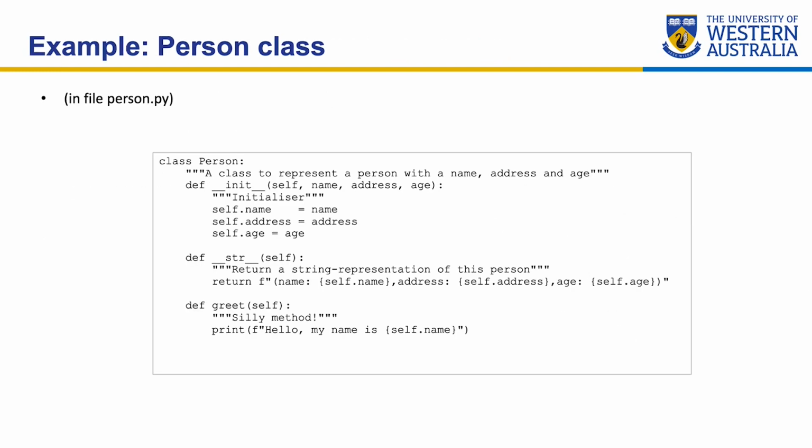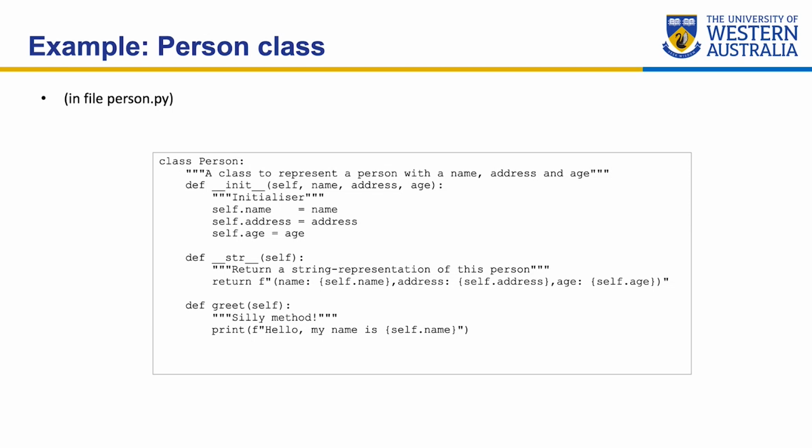Okay. So here is the class person, our highest level object in this instance, which has the name, age, and address. Okay, and it also comes with two methods. One is the built-in print method, the string. Okay, and it will tell you the name, address, and age of the person.